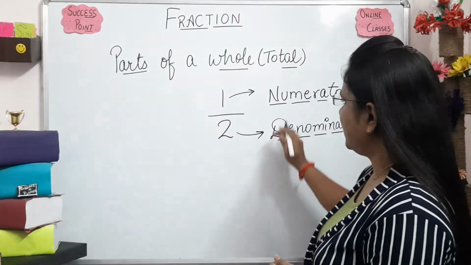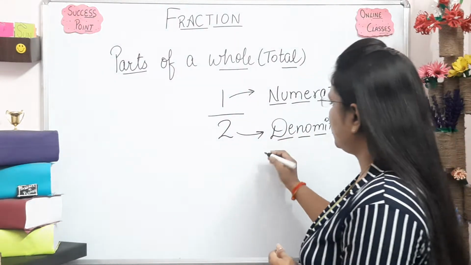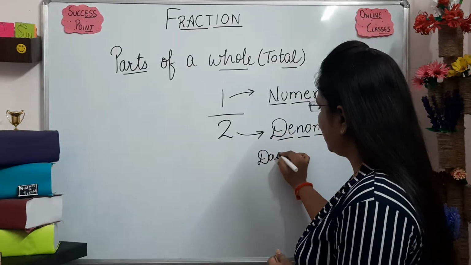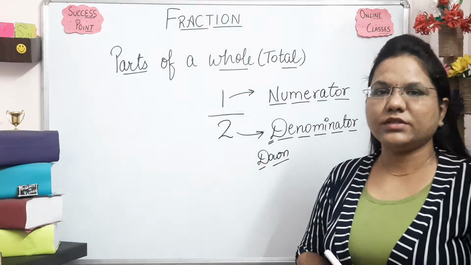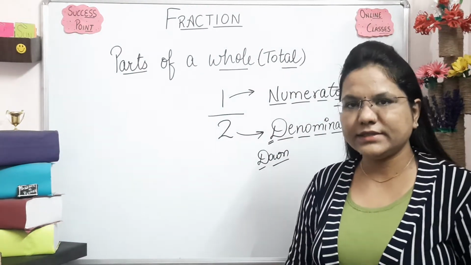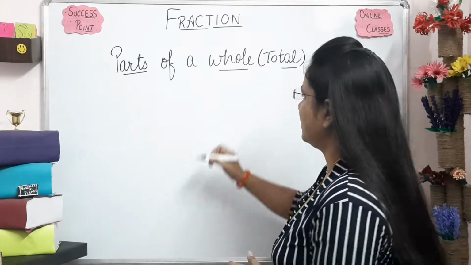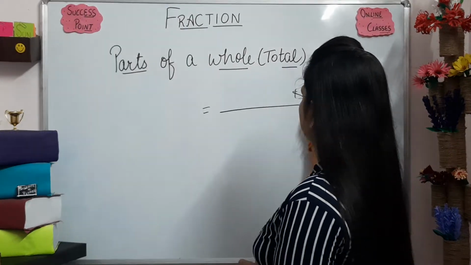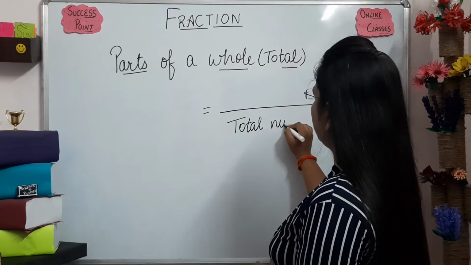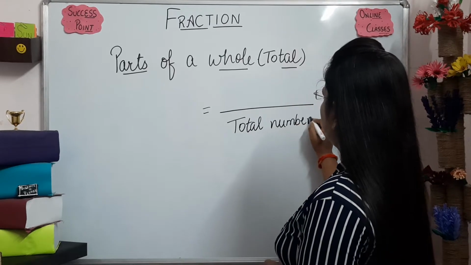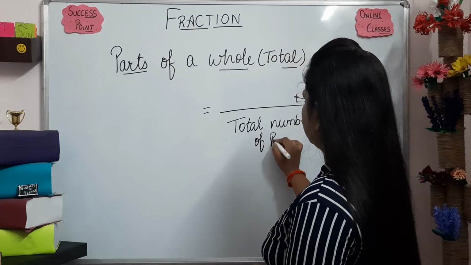So you can learn. Don't get confused. Let's do one thing. Down value starts from D, and denominator also starts with D. The formula of a fraction, that is total number of parts.